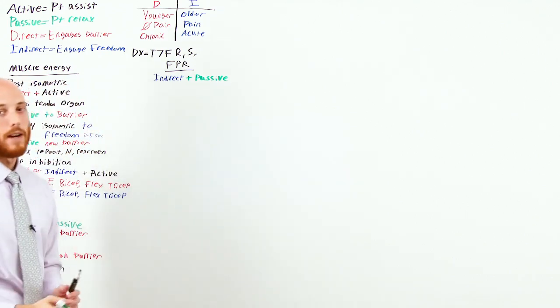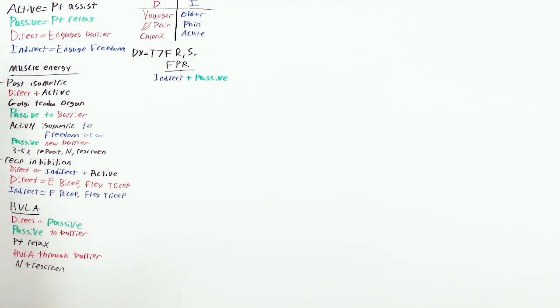So this treatment is indirect. What we've previously been talking about is direct. So instead of engaging the barrier like we did for muscle energy and HVLA, we're going to set the patient up into the freedom first.